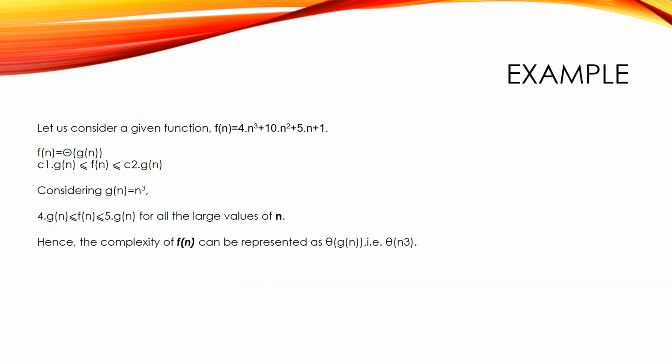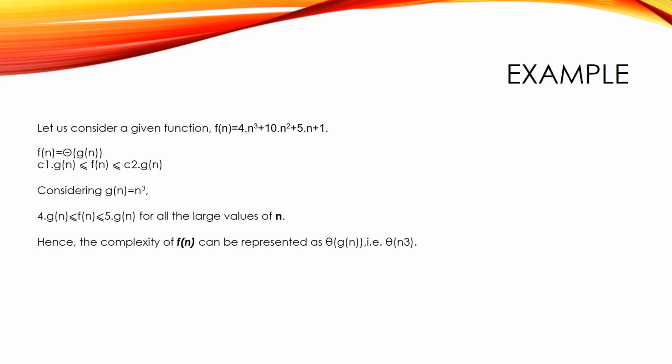Now let us consider a given function Fn equals to 4n cube plus 10n square plus 5n plus 1. So Fn is equal to theta of Gn, which is represented as C1 dot Gn less than equal to Fn less than equal to C2 dot Gn. So here we have to select the value for Gn as well as the values of C1 and C2.